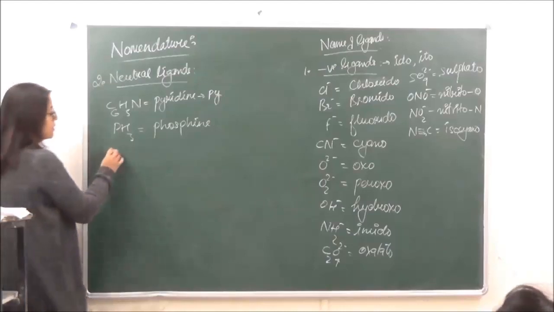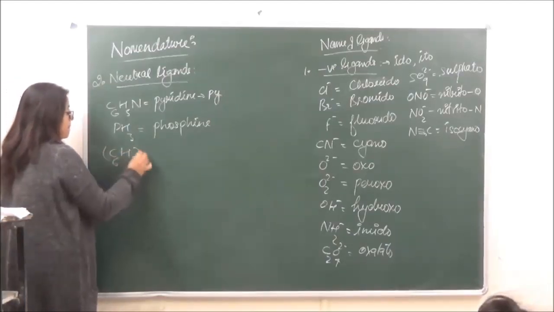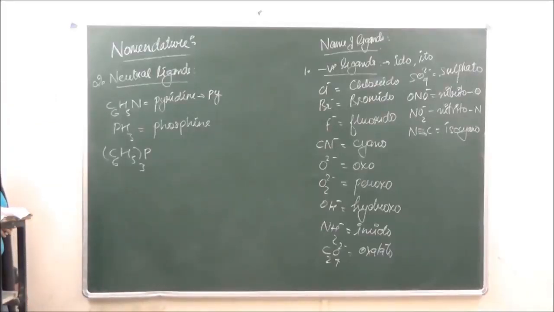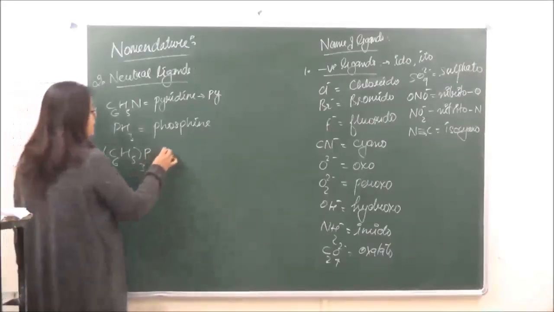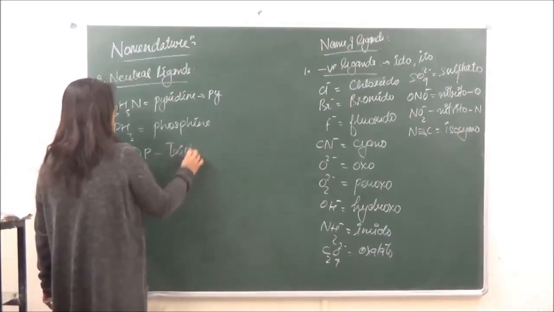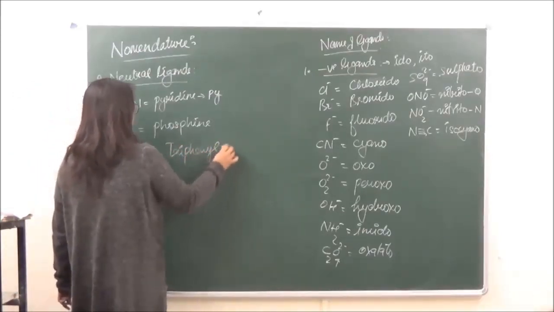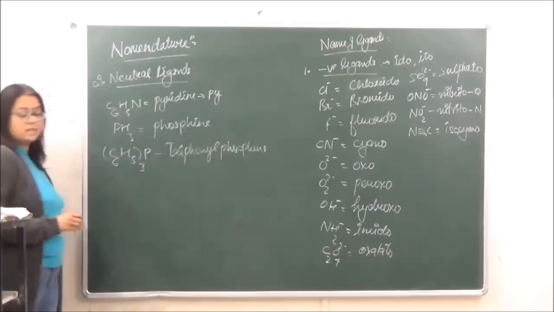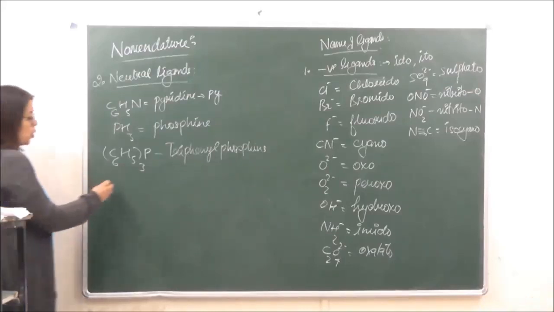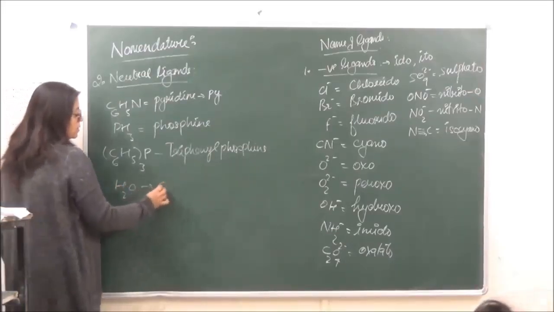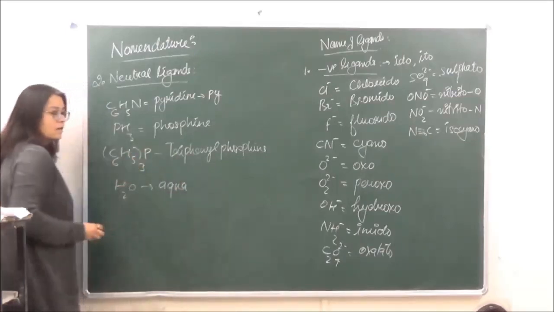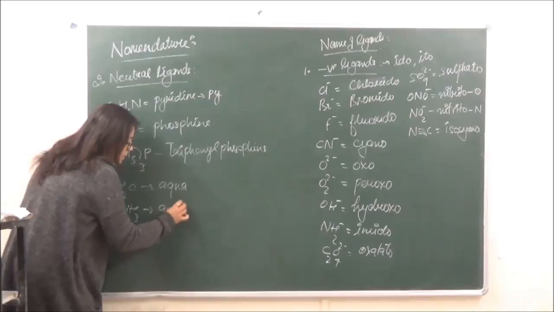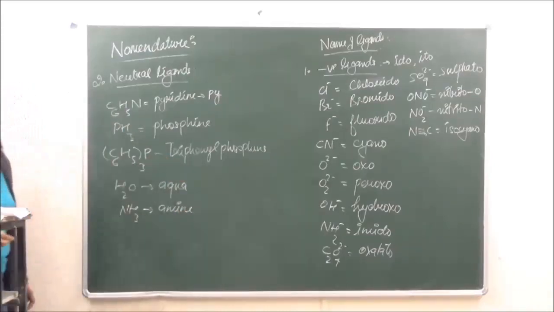Then we have (C6H5)3P. This is known as triphenylphosphine. Okay? Then we have H2O, aqua, NH3, ammine.